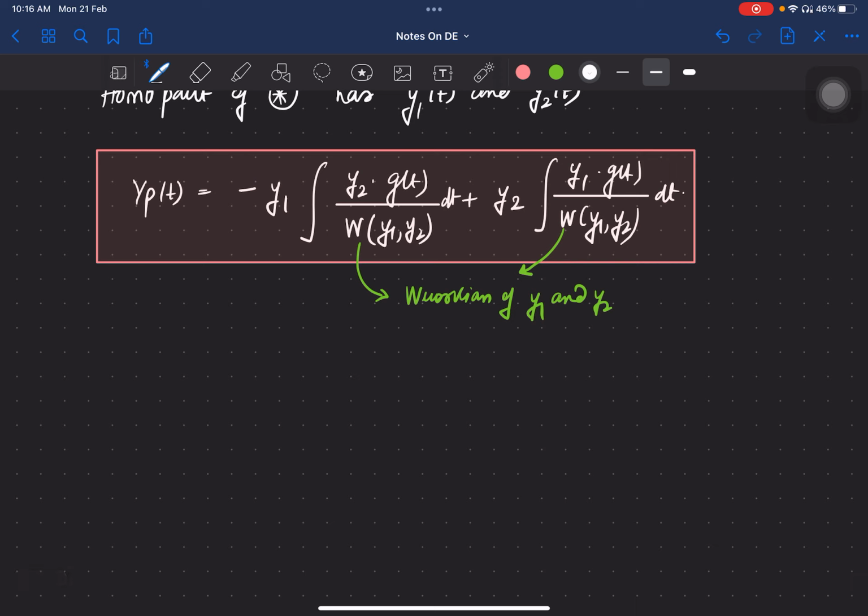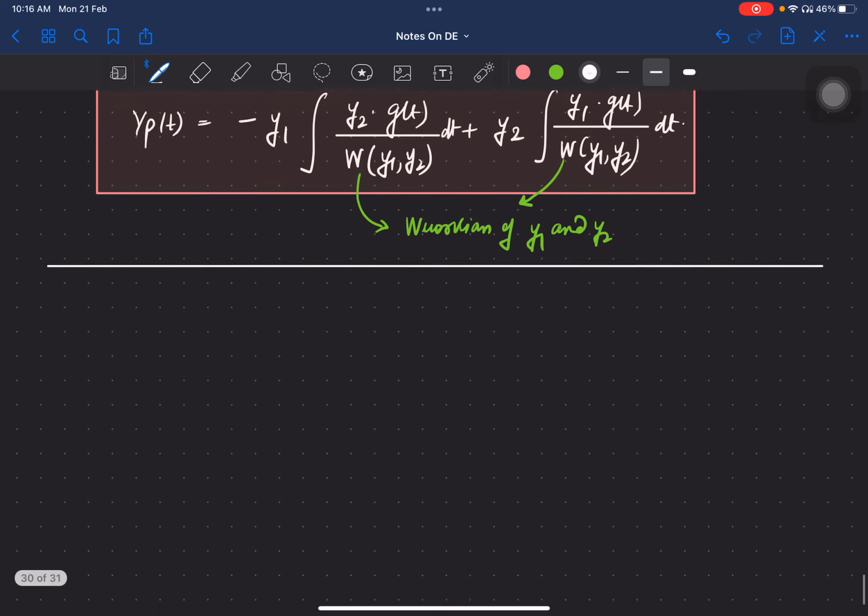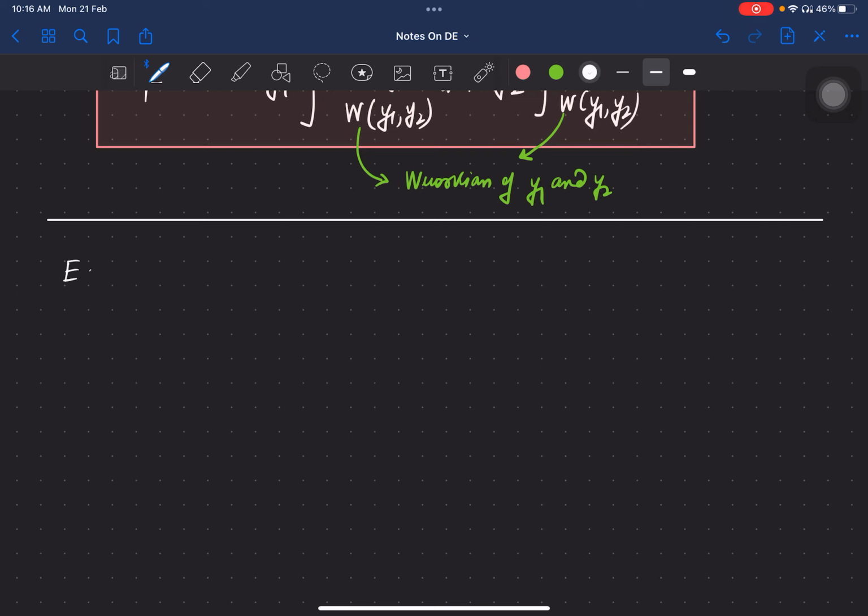Now let's take an example and see how it works. Suppose our differential equation is y double prime plus y equal to sec x.